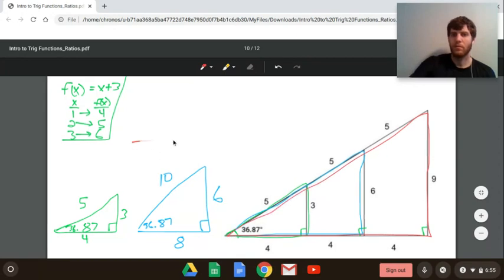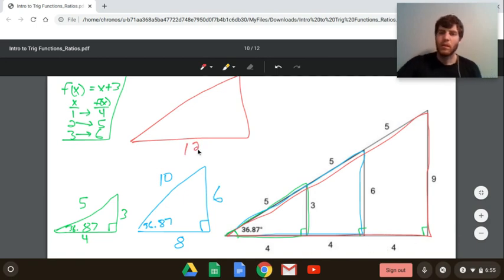Okay, so then we have our big one. Okay, so the base of the big one is 4 plus 4 plus 4, which is 12. The height is going to be 9. And the hypotenuse is 5 plus 5 plus 5, which is 15.